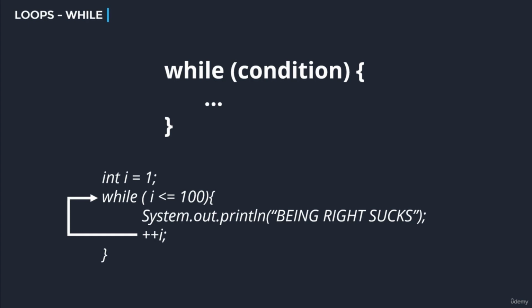If you don't modify it, the condition will remain true and the code never stops. And we get into an infinite loop. Okay, so this one is a pretty simple example, but later we will use loops for more complex code than just printing out something.